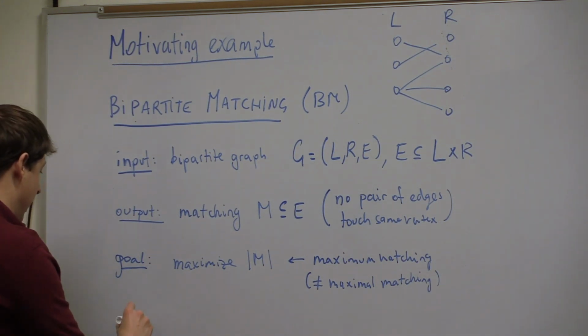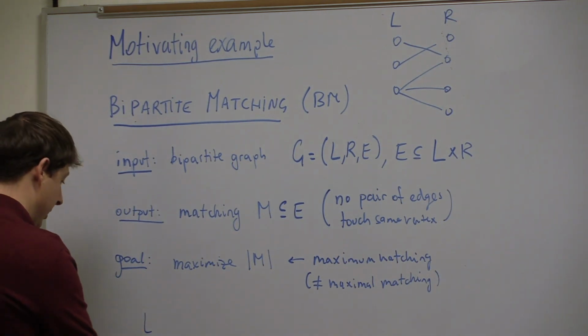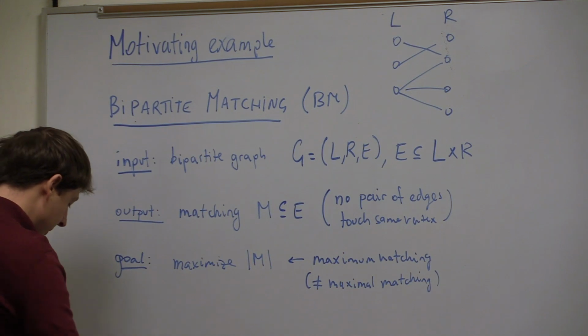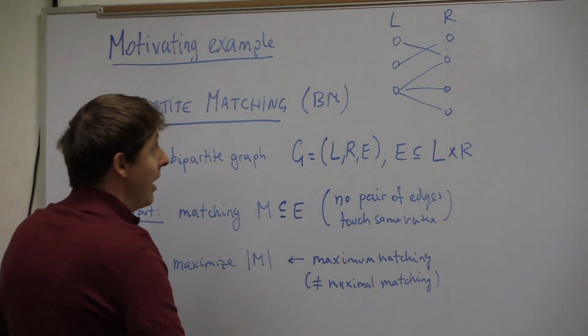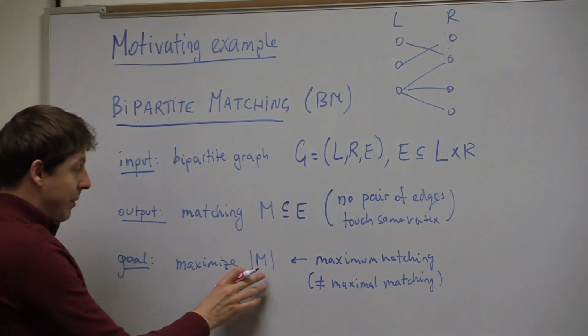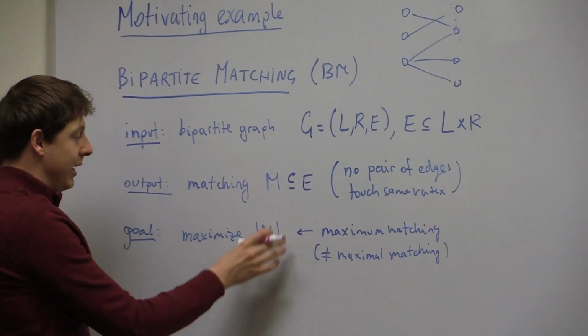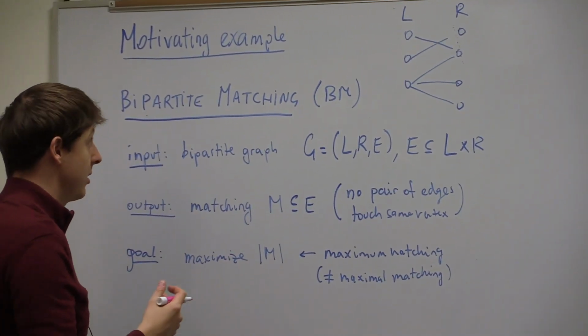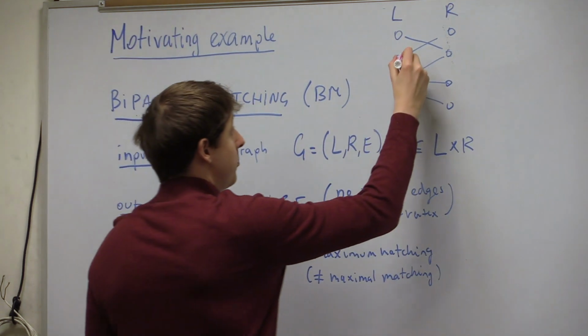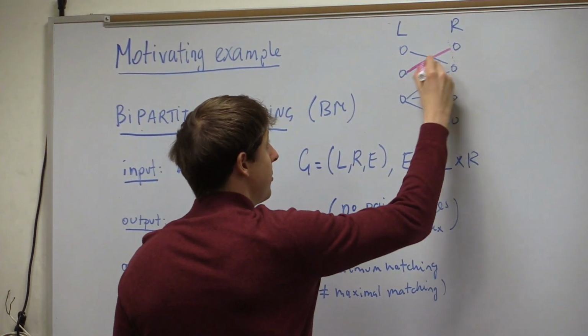So maybe in the example up there, you want to find a matching. By the way, finding a matching without making it big is very easy. The empty set is obviously a matching. I could just put in, say, this edge. That would also be a matching.